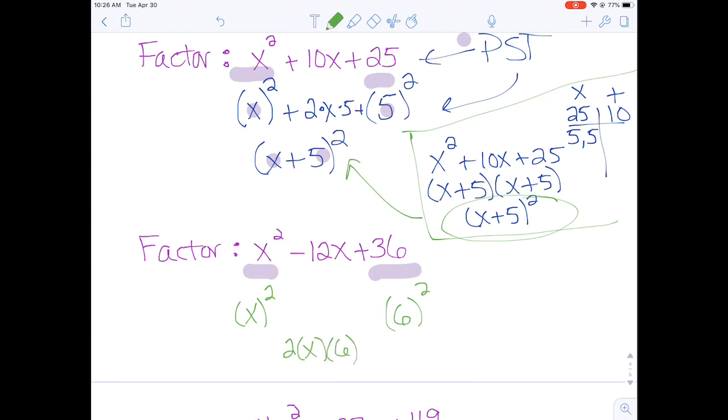Well, hey, 2 times 6 is 12, and I definitely get that there. This time it's a minus. So what that means in my factors is that I'm going to have a minus instead of a plus. So I know that the thing I squared first to get x squared was x. The thing I squared last to get 36 was 6. And I need the minus there. So my factors would be x minus 6 squared.